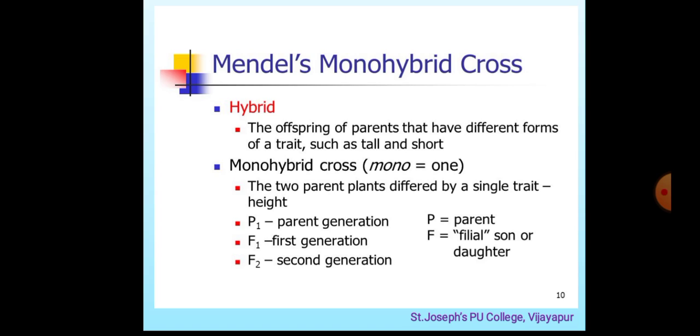During a cross, the parents produce haploid gametes with either capital T or small t factor. So these two types of gametes combine to produce a hybrid with capital T and small t factors. Let us see these things in the next slide.